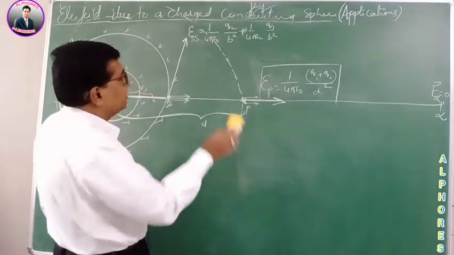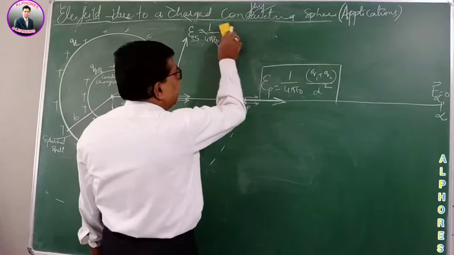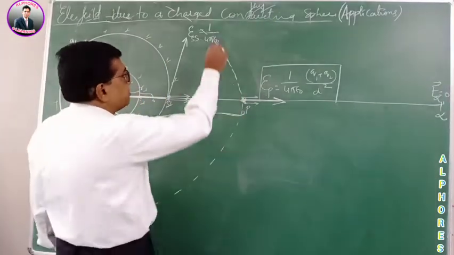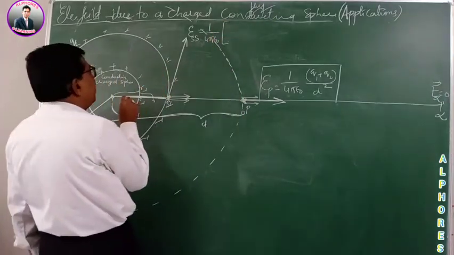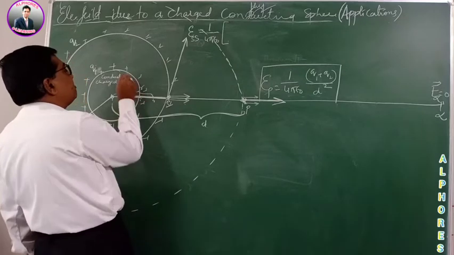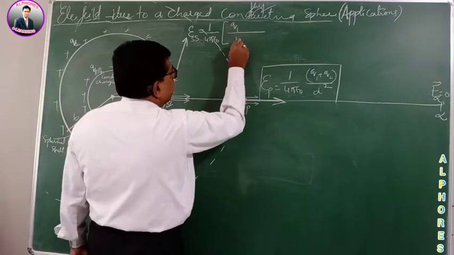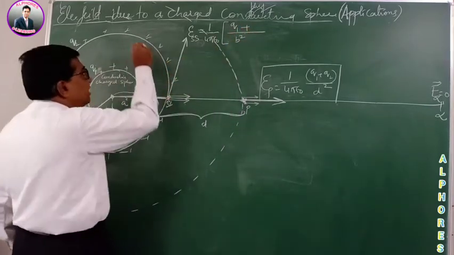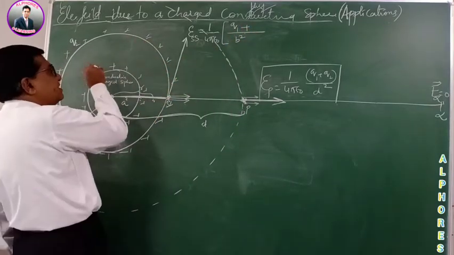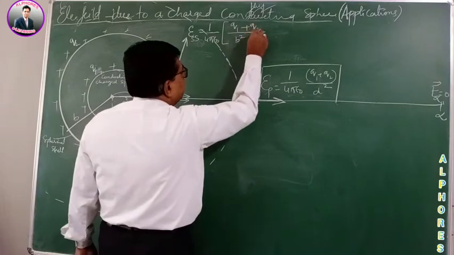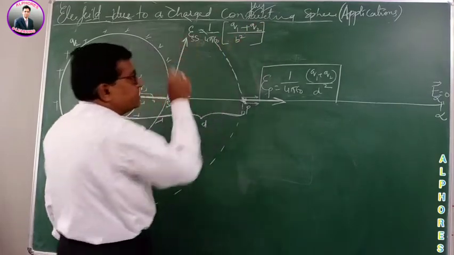If I take the things common, then 1 by 4 pi epsilon naught is common: field due to the conducting sphere inside, its charge Q1 by B square, plus field due to the spherical shell, its charge Q2 by B square. Well, the LCM is B square.